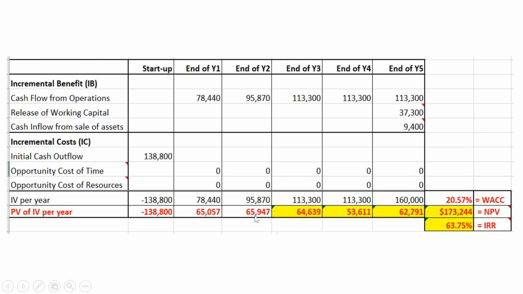So that's the present value of this. This third payment is 113,300 divided by 1.2057 to the power 3, to the power 4, to the power 5. So interestingly, you see the nominal amount is the same, but you can borrow more against this because it's coming early, right? And this is coming later.